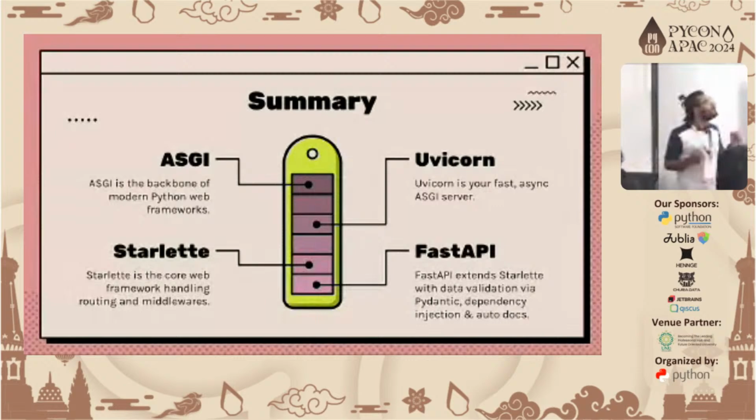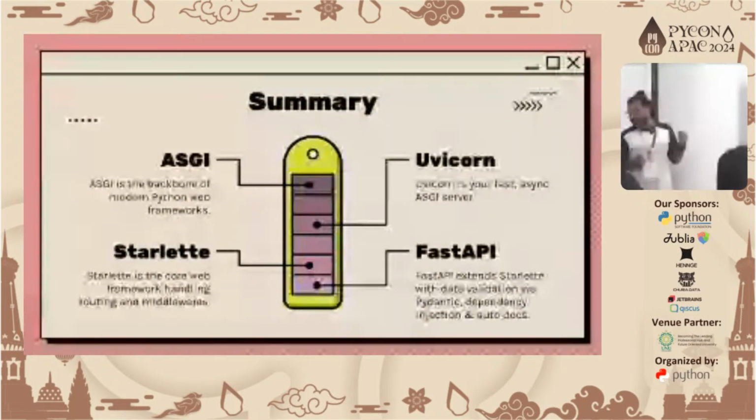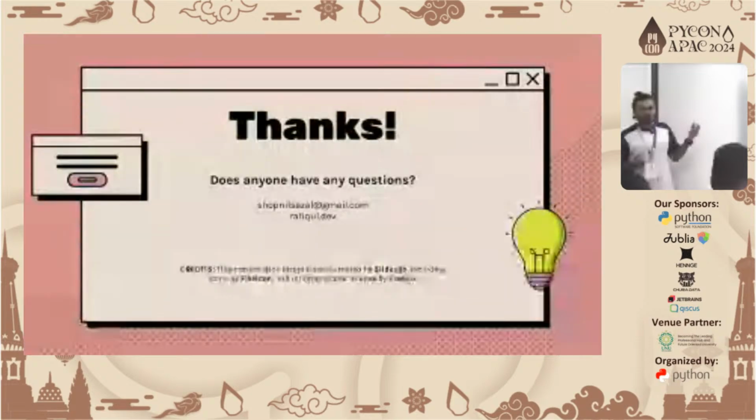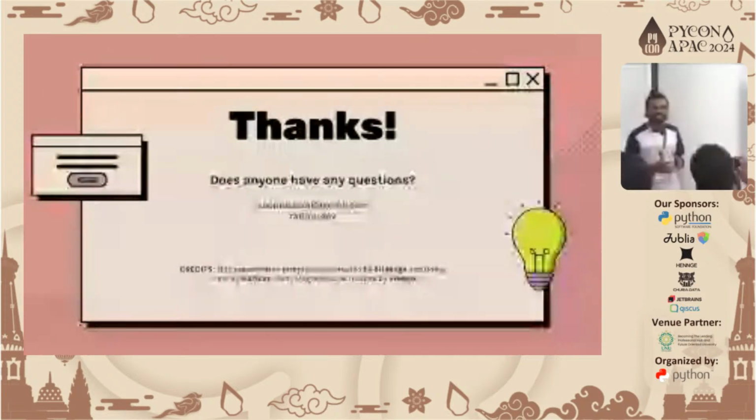If you try to write a hello world route, just define the application and write a function. So, thank you everyone. And if you have any questions for this talk, raise your hand.